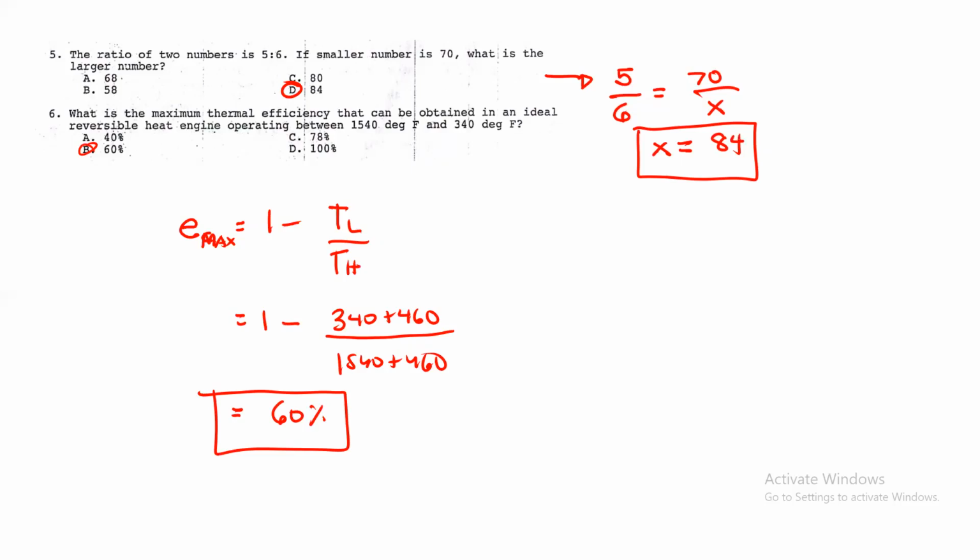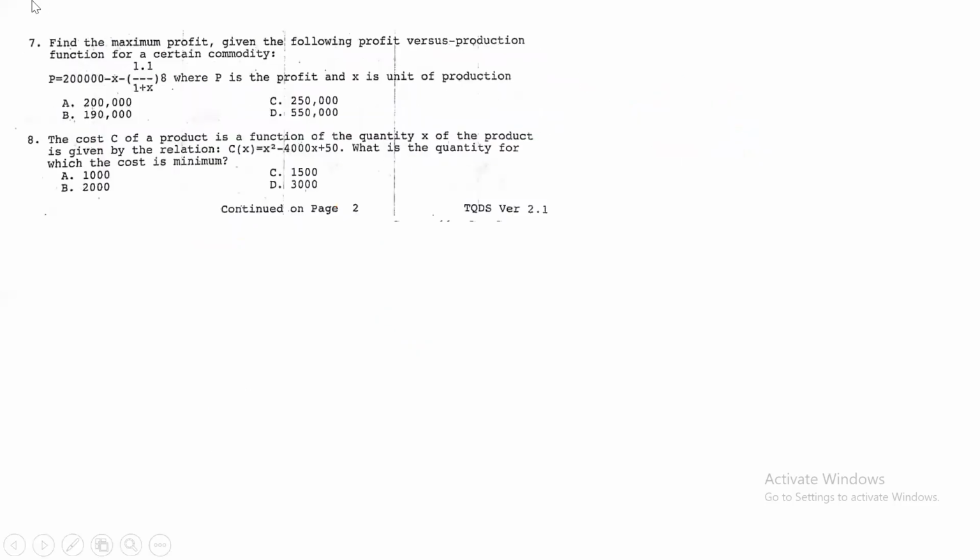The next, number 7. Find the maximum profit given the following profit versus production function for a certain commodity. We are given P as a function of X, where P is the profit and X is the unit of production.